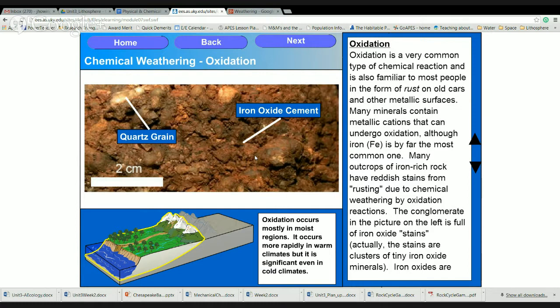And so if those glues rust and fall apart, then the sediments will no longer be adhered and they will fall apart as well. This is indicated by reddish stains on the rocks. And it occurs very quickly in warm, moist climates, but it also occurs in cold, moist climates just a little bit more slowly.